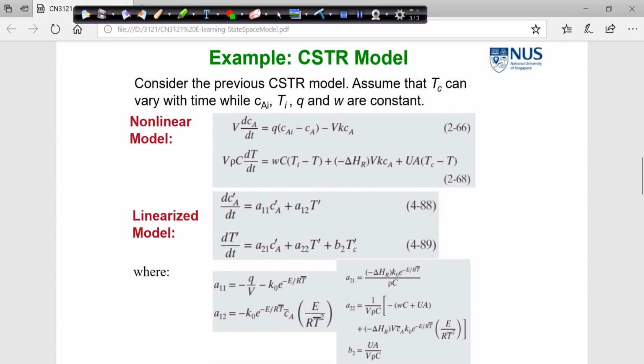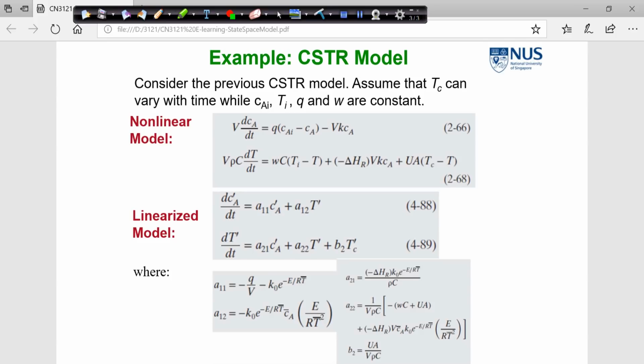Let's have a look at how to derive this state space model based on the CSTR model. We're familiar with the CSTR model already. It's a nonlinear model if we consider the concentration change of A and the temperature change of T, the dynamic terms.